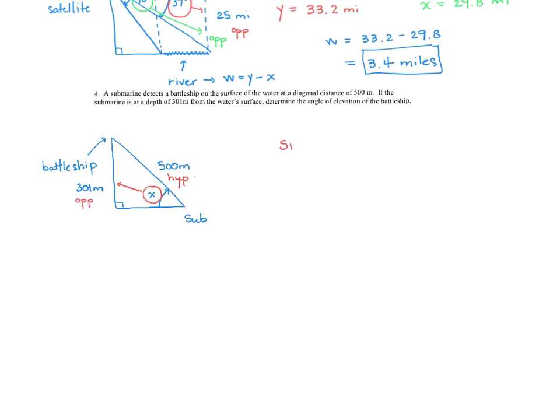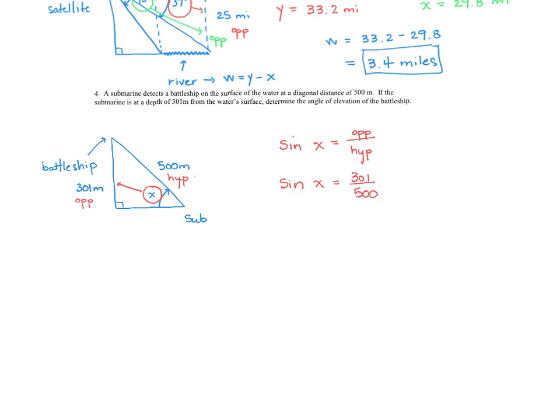So we'll do sine of our angle is equal to opposite over hypotenuse. The angle is what we're looking for, so we'll leave that. Sine of x is equal to 301 over 500. To get rid of the trig function, we need to take the inverse trig function of both sides.